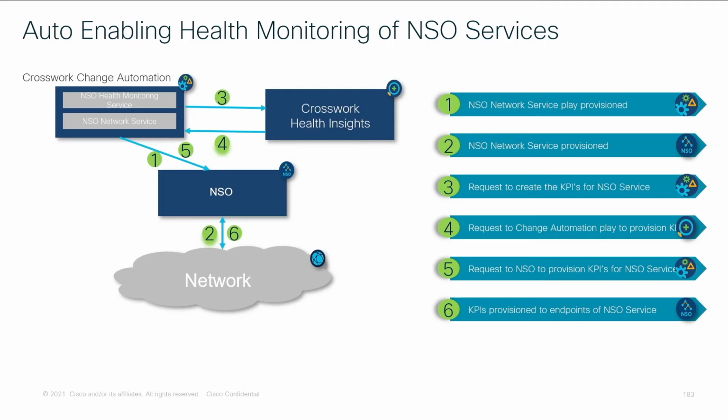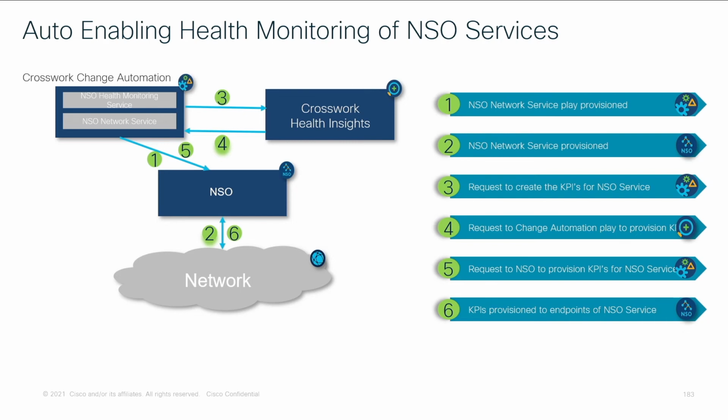We also have another NSO service for health monitoring. Each of these plays can be combined in a playbook, and you can define the sequence of plays within a playbook. Let's start with a concrete example.